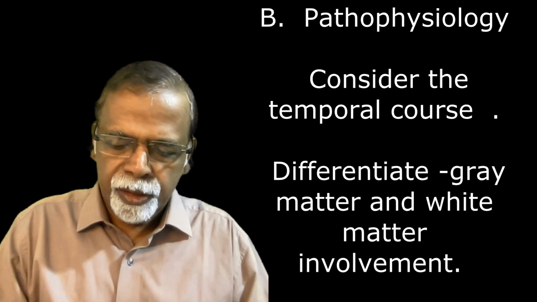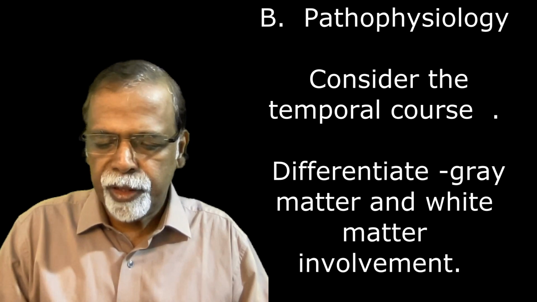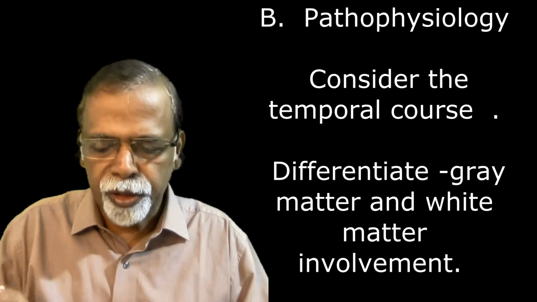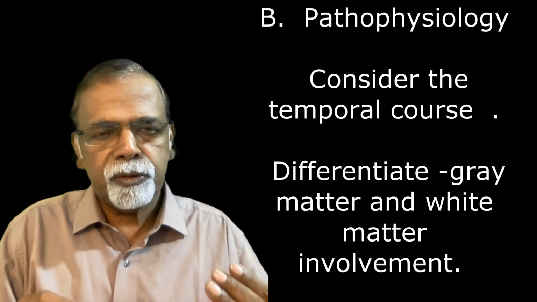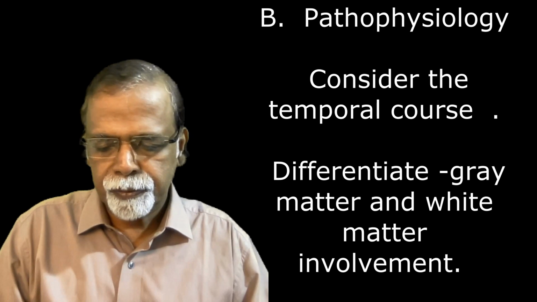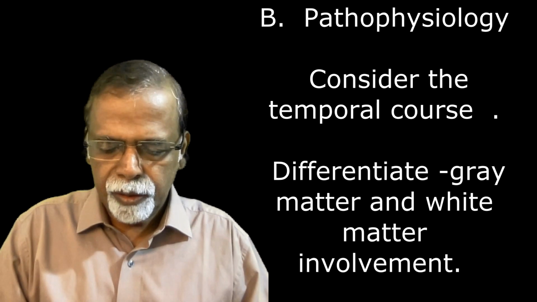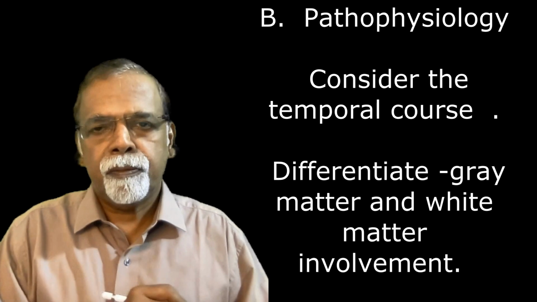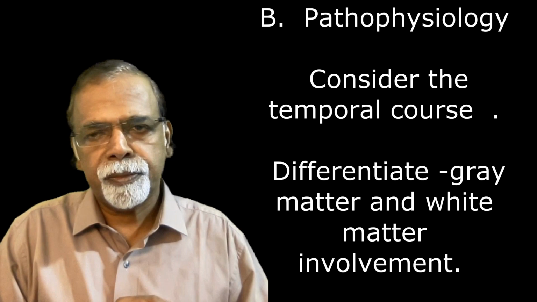How will you identify the temporal progression? Time will give the answer. For example, somebody complaining of weakness of one side of the body of sudden onset, that is, by doing something he developed weakness of one side of the body, that is sudden onset. It is always vascular. But suppose the symptom has evolved over 1 month, gradually progressive, it is likely to be a space occupying lesion.